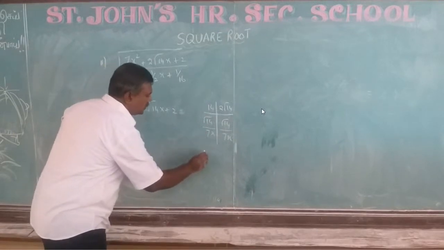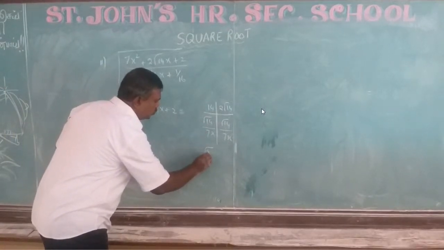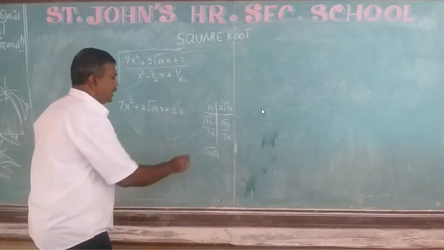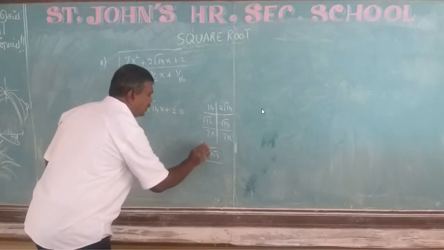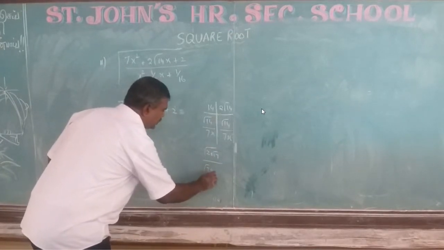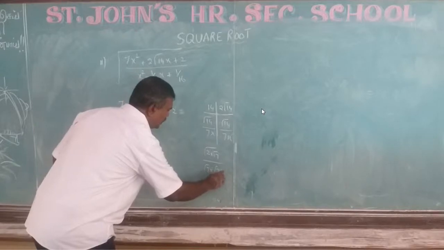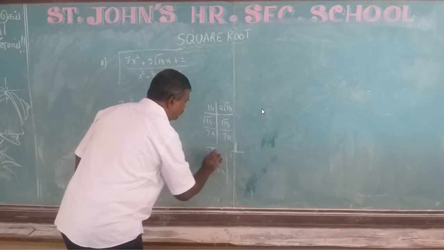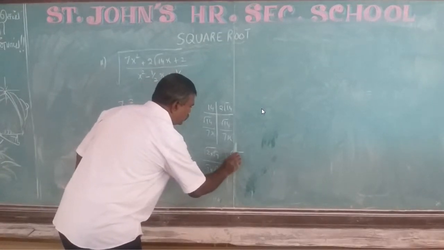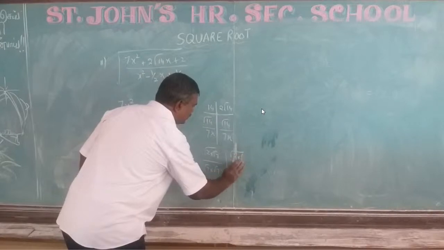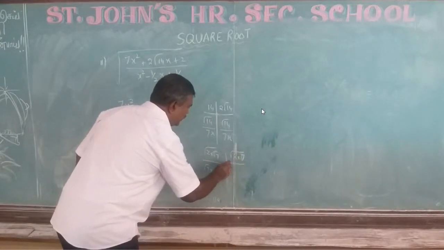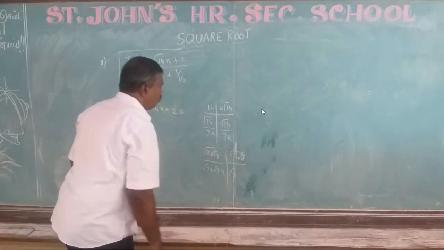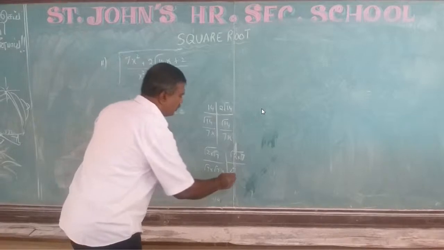Now we can rewrite root 14 as 2 into root 7. 2 into root 7 by 7, and 7 can be written as root 7 into root 7 into x.